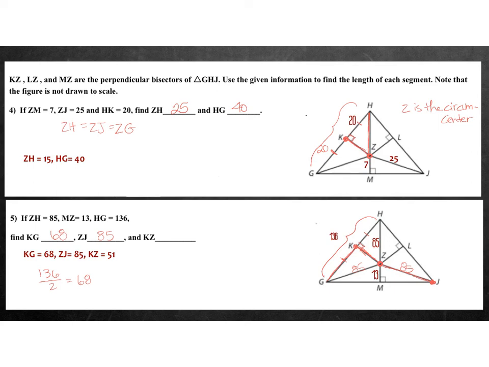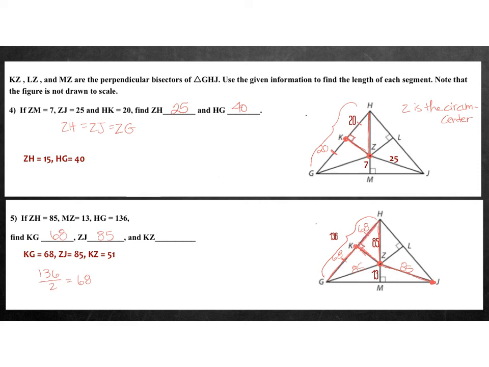Now KZ is our last one to figure out. I happen to know from the first part of this that KG is equal to 68, and so is KH. They're both 68. And I know, because I was told in the problem, that HZ is 85.